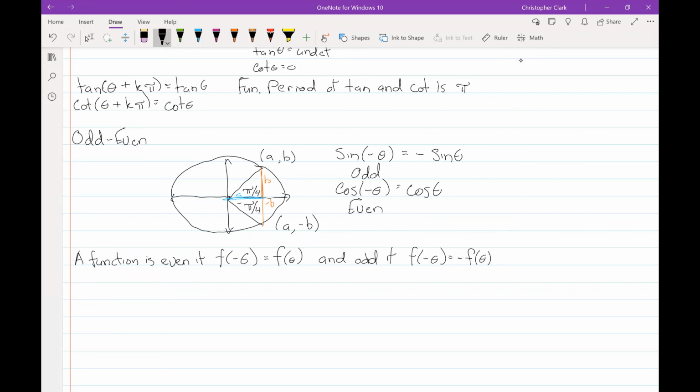And so page 590 has the full table, so I recommend that you go check that out.